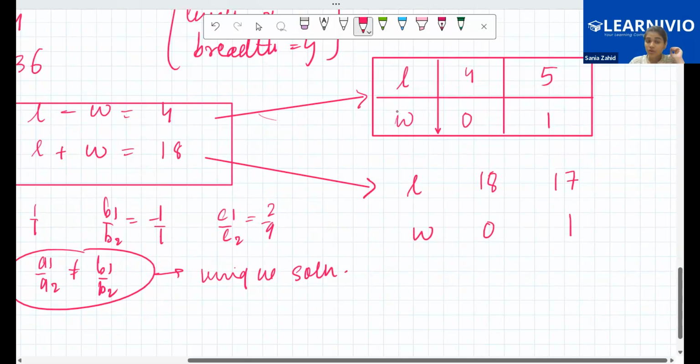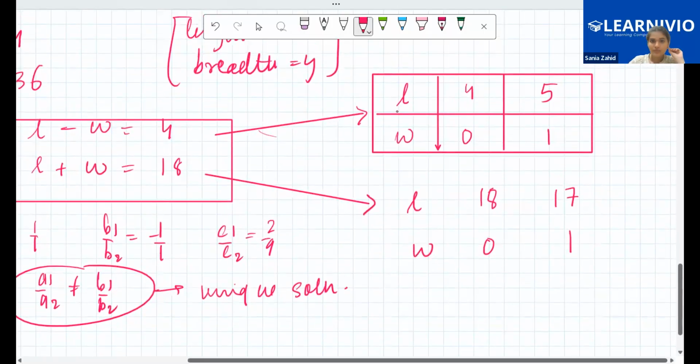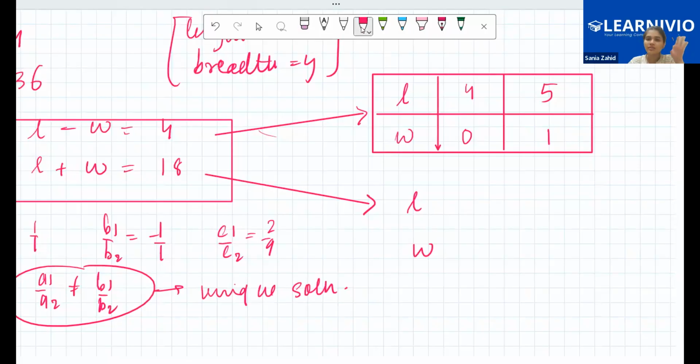Here I will have to draw a lot of points. Let's take some other values, okay? Let's take values so that L is also a smaller number. So when W is 8, L is 10.